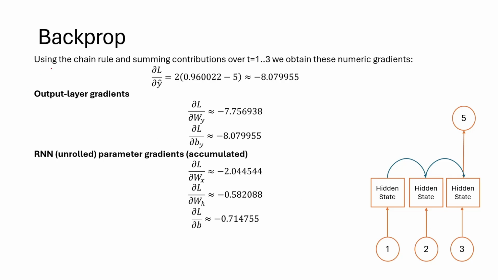We will use the chain rule obviously, and sum up the contribution over T1, 2, 3 to obtain these numeric gradients. First of all, we would derive the loss over the output 5, so we get this value, and then we go here, so we will derive with respect to the weight and biases of the output part, weights and biases, so we get this and this.